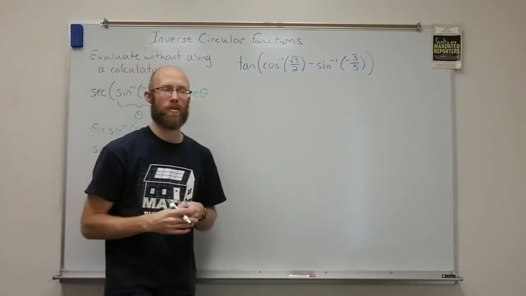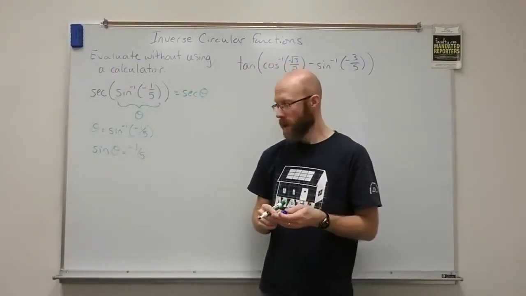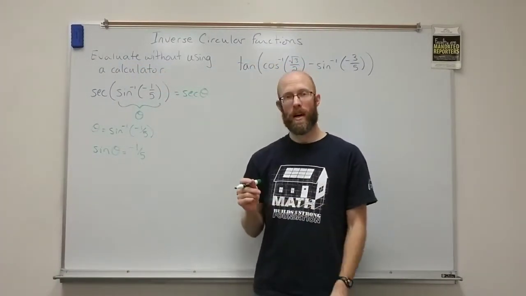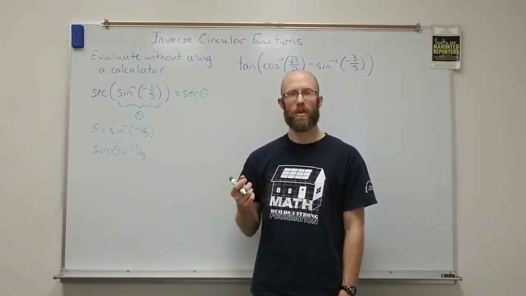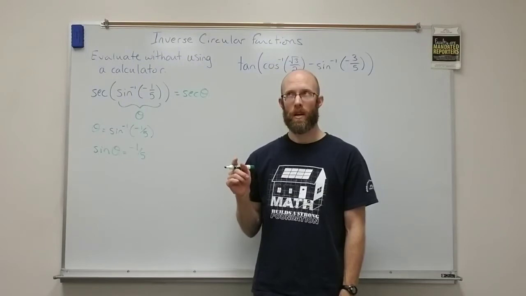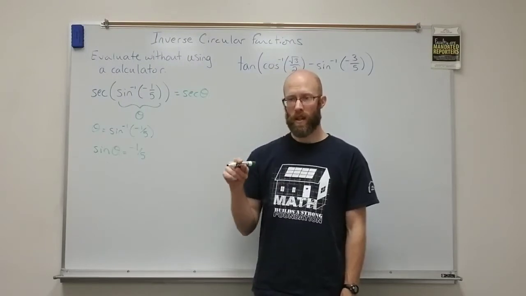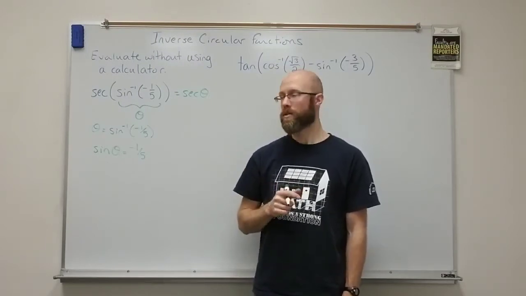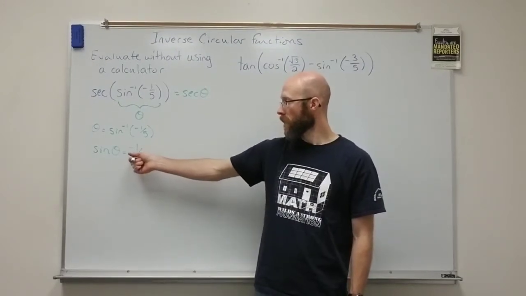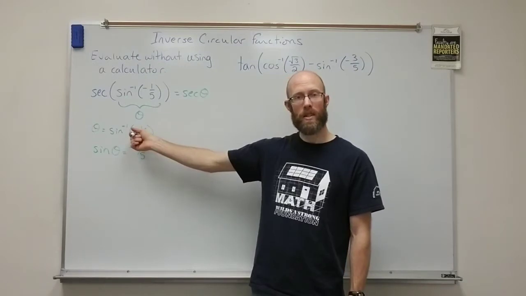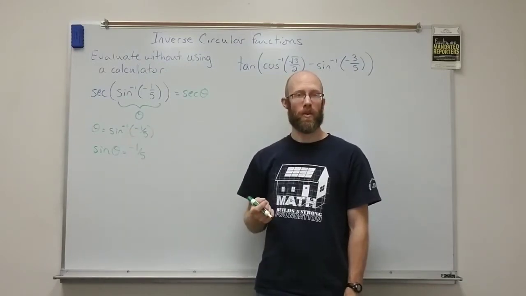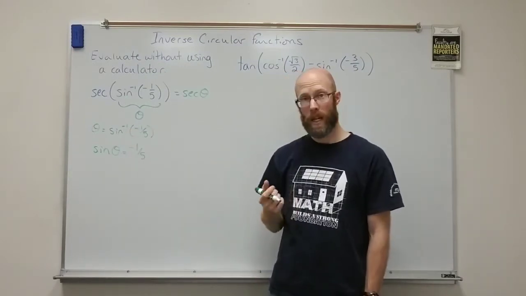And we know one other thing about this, and that is that the theta value is in a particular quadrant. Remember, the inverse sine only gives outputs in the fourth and first quadrants. If the input to the inverse sine is negative, then the output is going to have to be in the fourth quadrant, and it would be a negative angle.